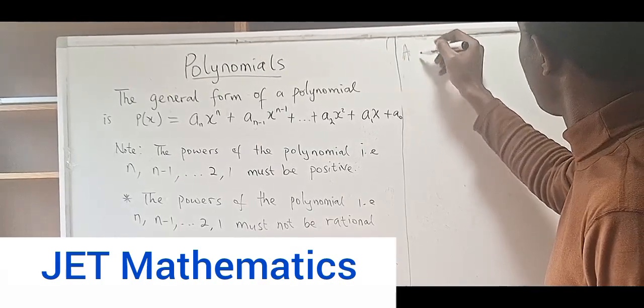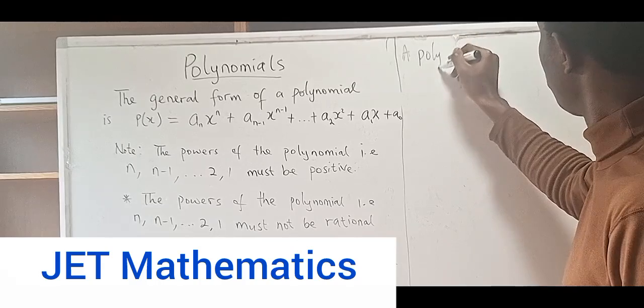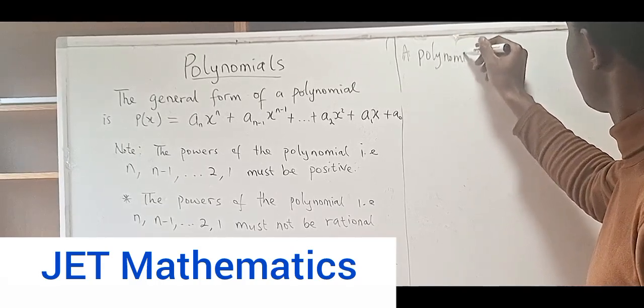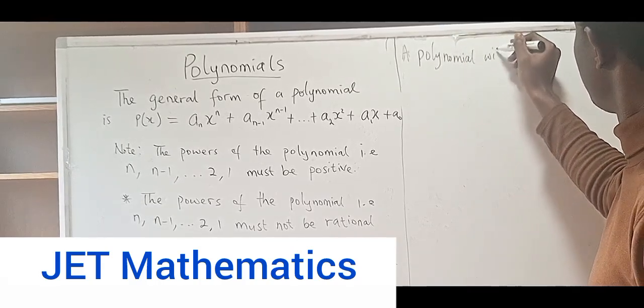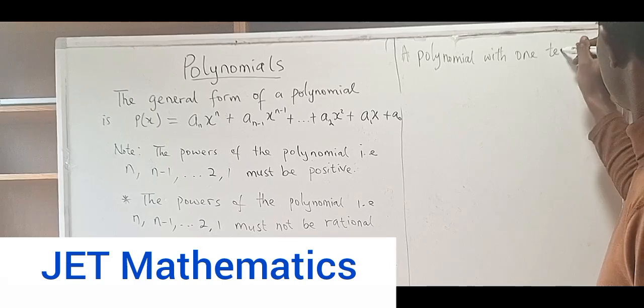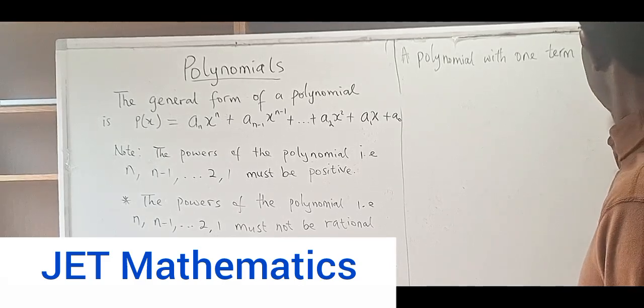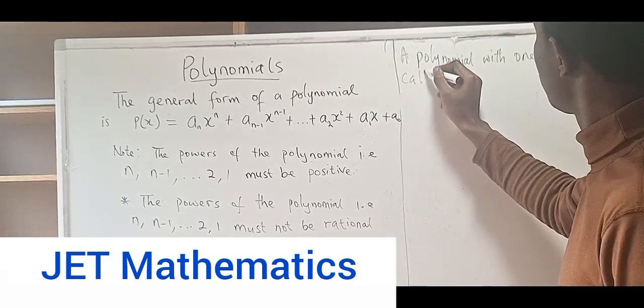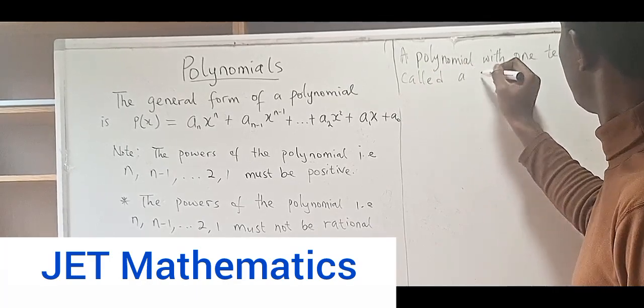A polynomial with a single term is called a monomial.